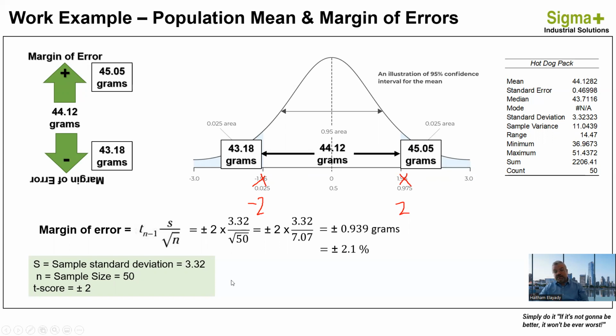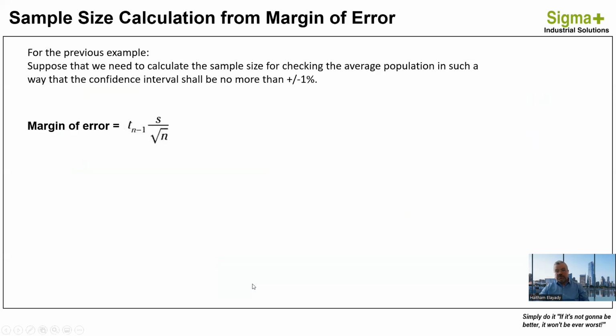We have seen in that example that the sample size that we took at the beginning was 50. But in case that I want, for any specific reason, to conduct the statistical studies with a lower margin of error, suppose that we need to calculate the sample size in such a way that the confidence interval will be no more than ±1% from the population mean.